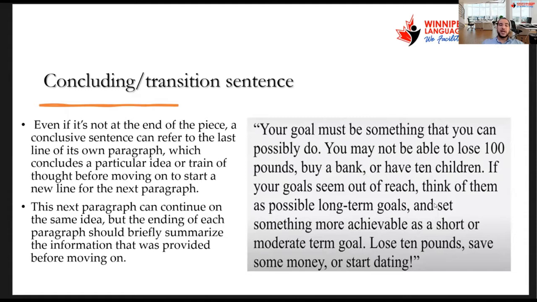If your goal seems out of reach, think of them as possible long-term goals and set something more achievable as a short or moderate term goal. Lose 10 pounds, save some money, or start dating. So this last sentence concludes the whole paragraph. It just gives you bits and pieces about the information here. It's a kind of wrap up to the information in this paragraph.